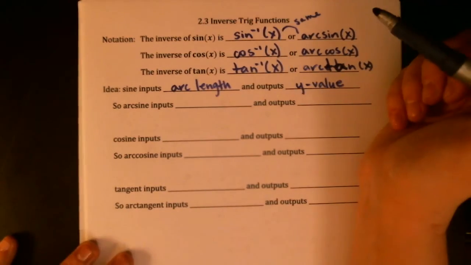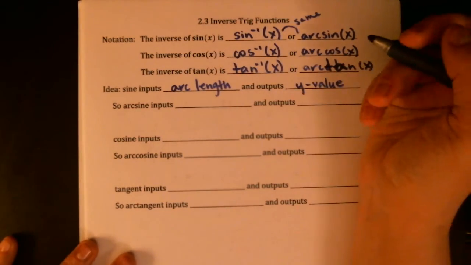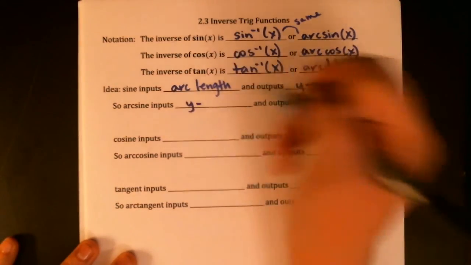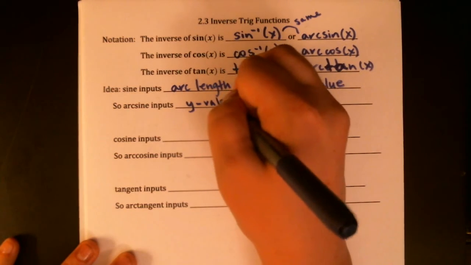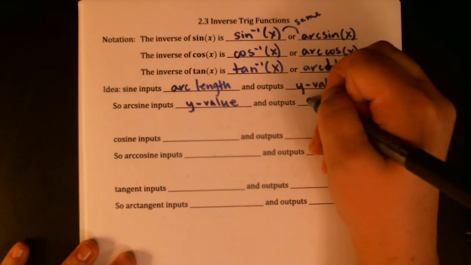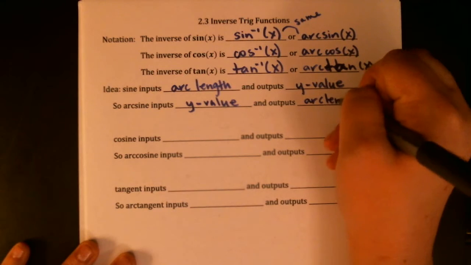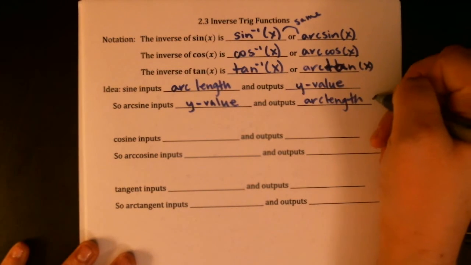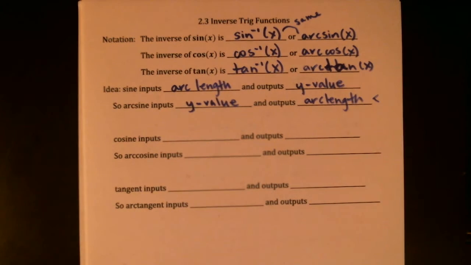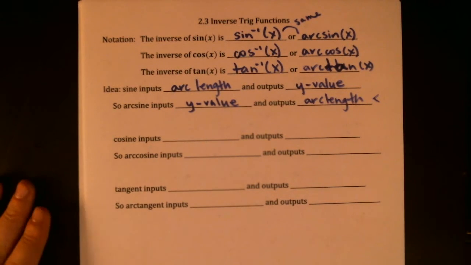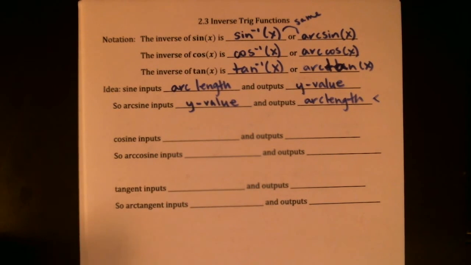If this is true, then arcsine should be doing the exact opposite. Arcsine would want you to tell it your y value, and it would tell you back an arc length. We'll get a little more detail on what exactly the inverse trig functions do in a minute, so that's the general idea, but there is a little bit of detail about being careful about what answer you give.